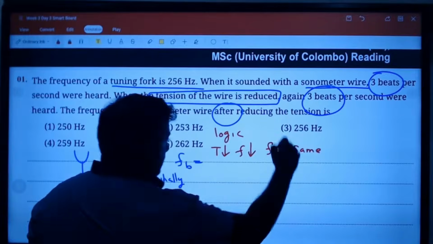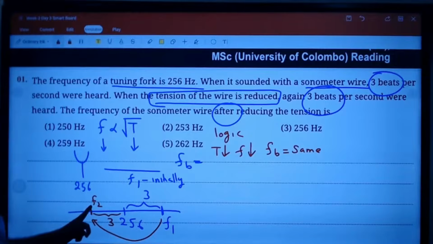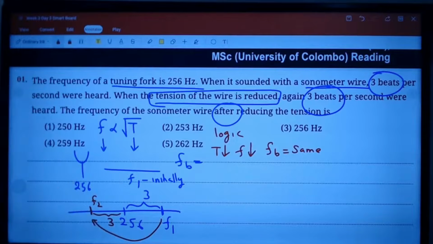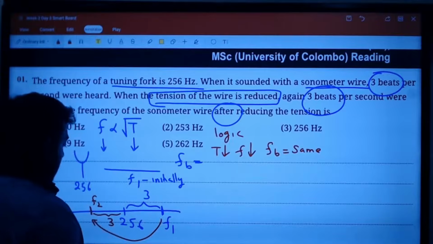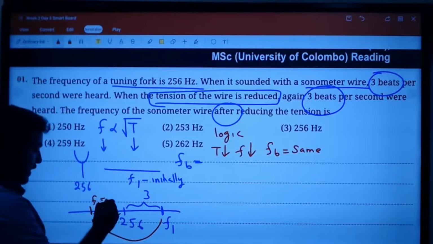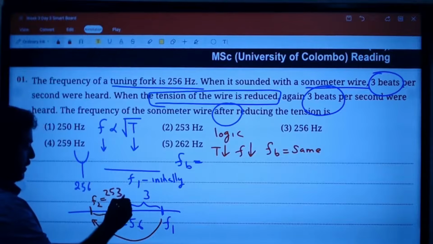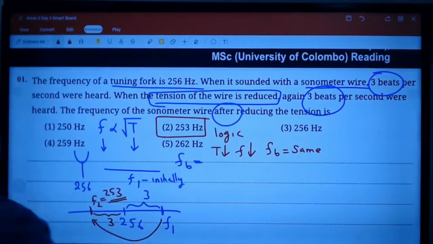So the frequency reduces from here up to here, and the difference between these two will remain the same. They are asking after reducing the tension what's the frequency? 256 minus 3, how much? 253 Hz. Answer is answer number 2.